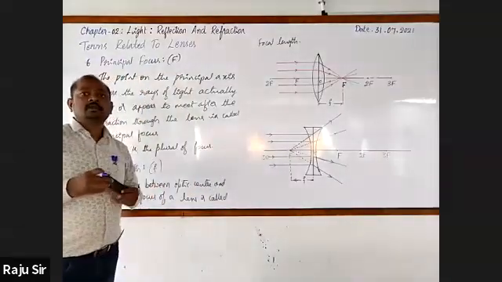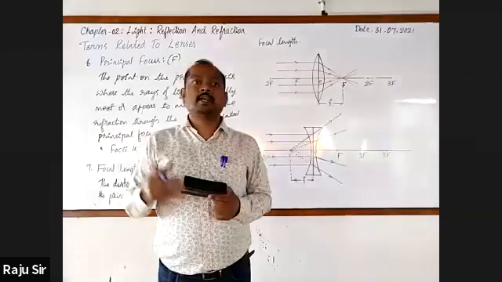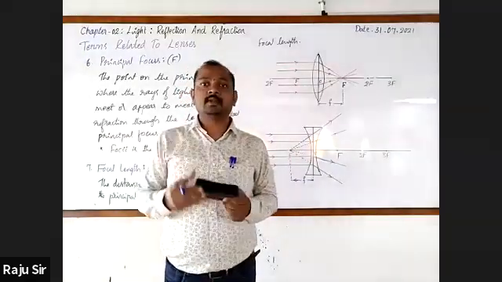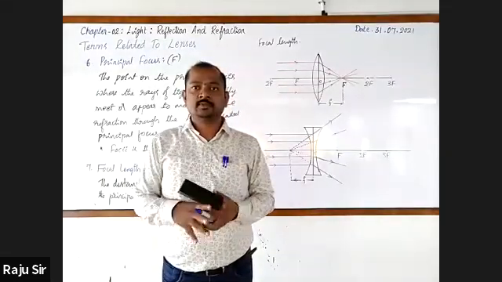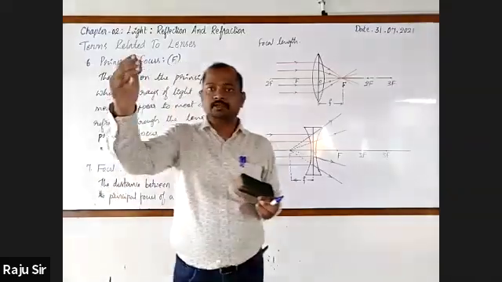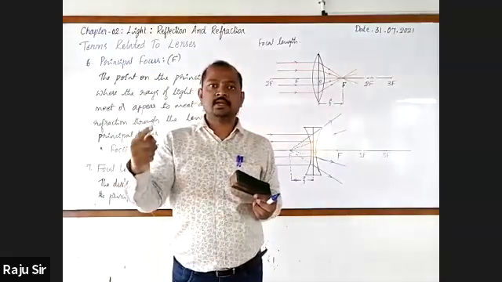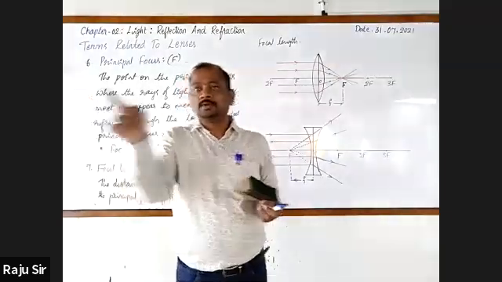Dear students, like in mirrors, here also we will describe the characteristics of the image formed by lenses. Could you tell what these characteristics are? First is nature, second is size, third is position. What are the terms related to nature?